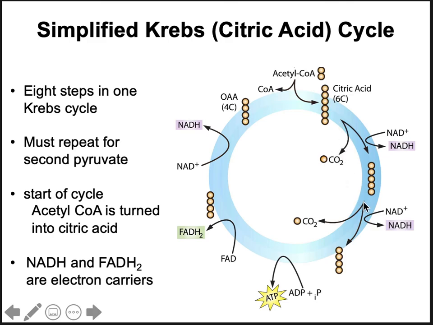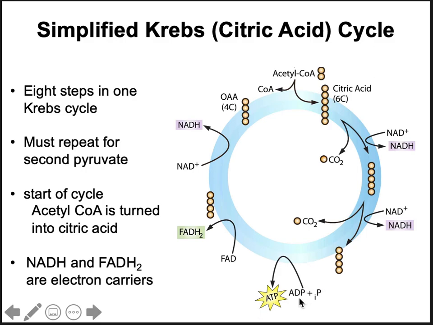You're going to have another decarboxylation, get another CO2. You're also going to put in another NAD plus and get out NADH. And remember those NADH guys, high energy, potential energy going to the electron transport chain.